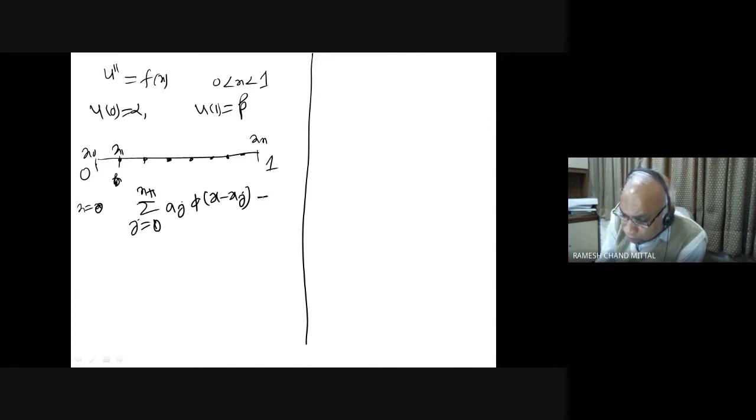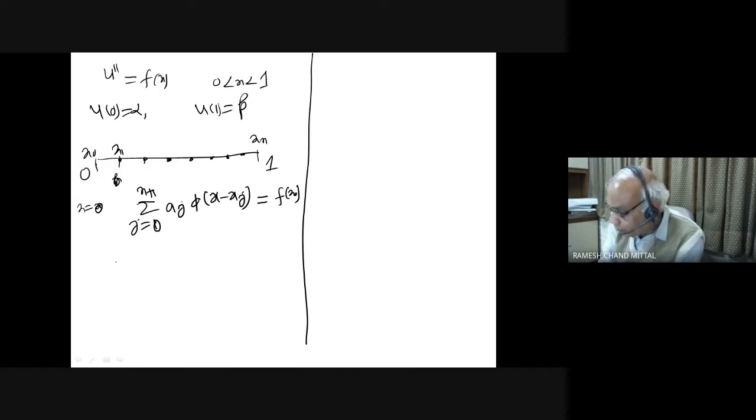This is equal to f of 0, the first point, x0, right? Then similarly, I take the last point, and now I have to find it in the interior.